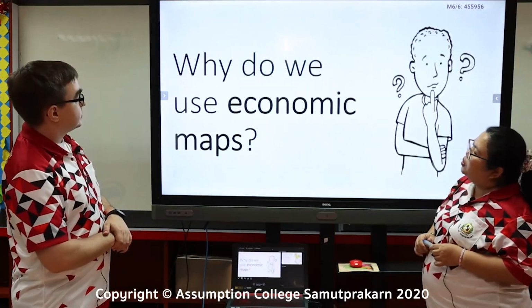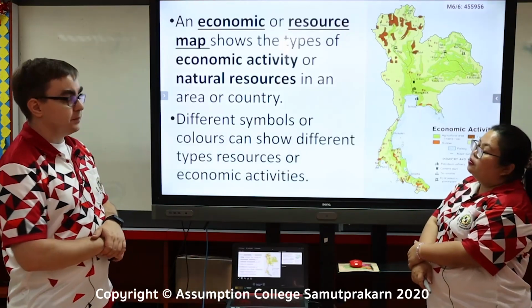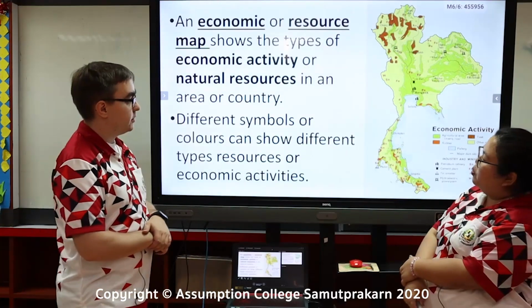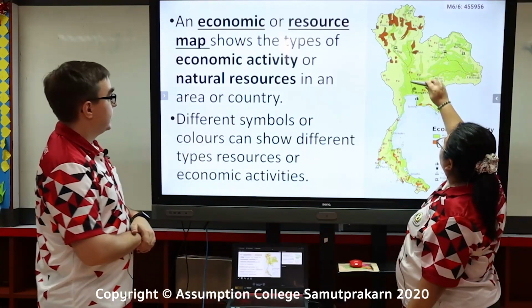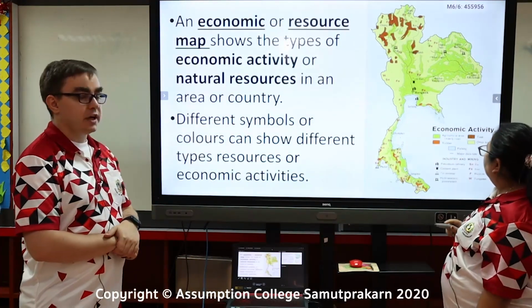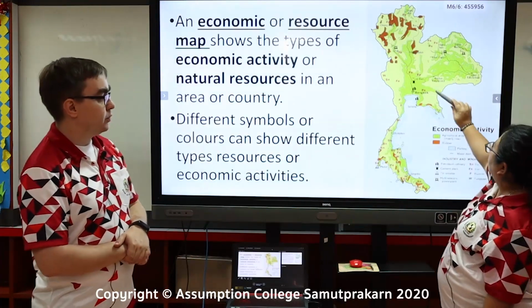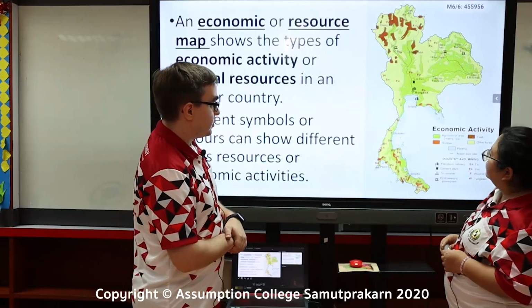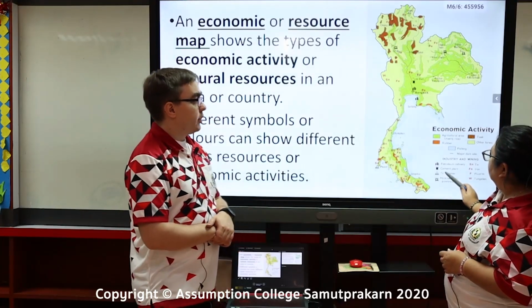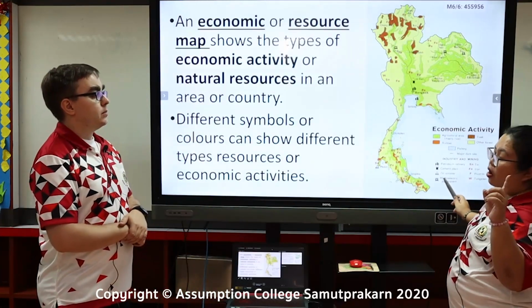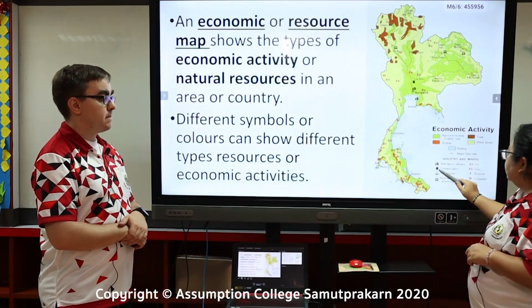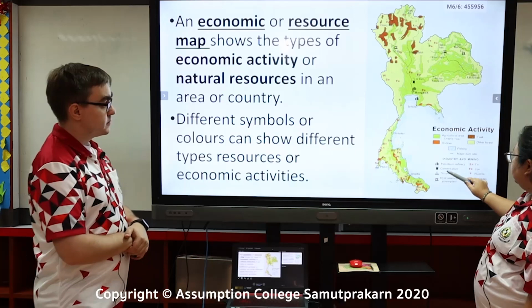Now, why do we need them? Because they show us very important information about economic activities in that area or natural resources that the country has and can use. So, for example, this map will show us, in the symbol, for example, Lopburi, this symbol means a cement plant.